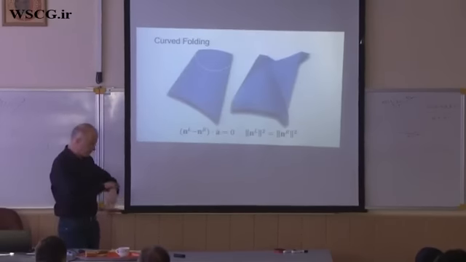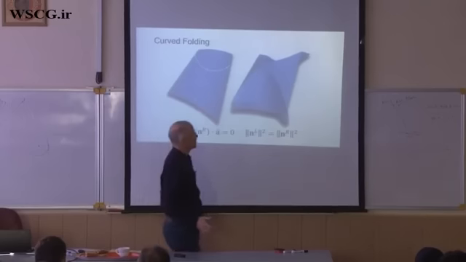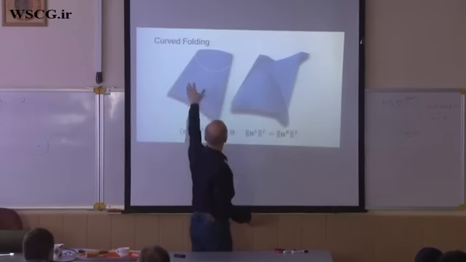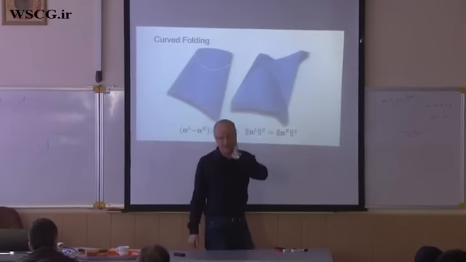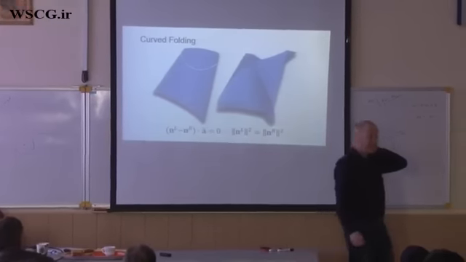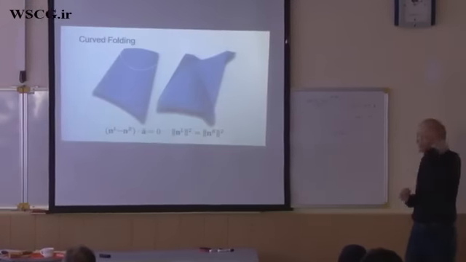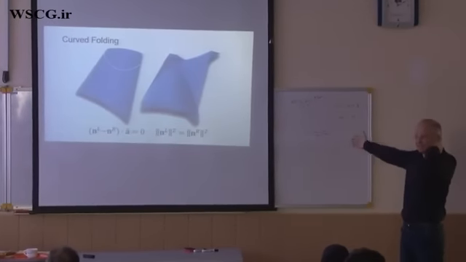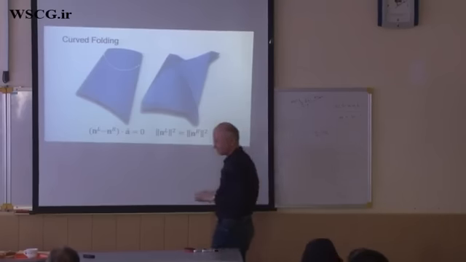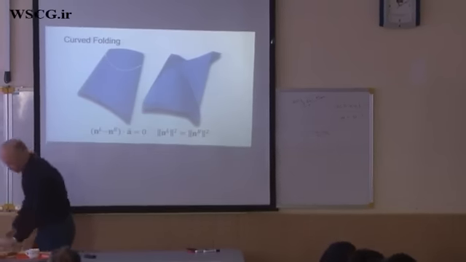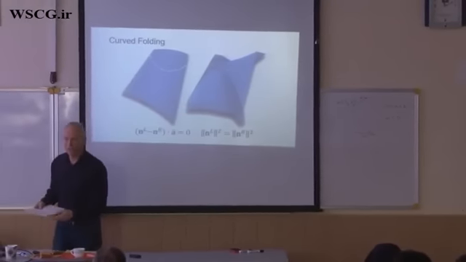Now I come to this curved folding. Curved folding, folding a piece of paper along a curve. How can we do this mathematically? And the trick is again lying in this geodesic curvature which we have discussed here. I said during an isometric deformation, the geodesic curvature does not change.